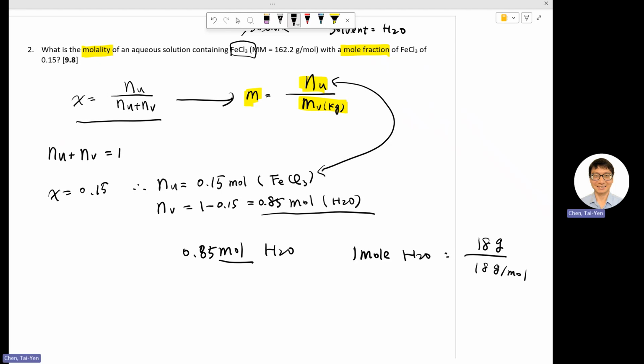So that's how we define 1 mole. So 1 mole of H2O is 18 grams. Anyone have a question for this? How many mole do you have for H2O? 0.85, right? So what is the weight?